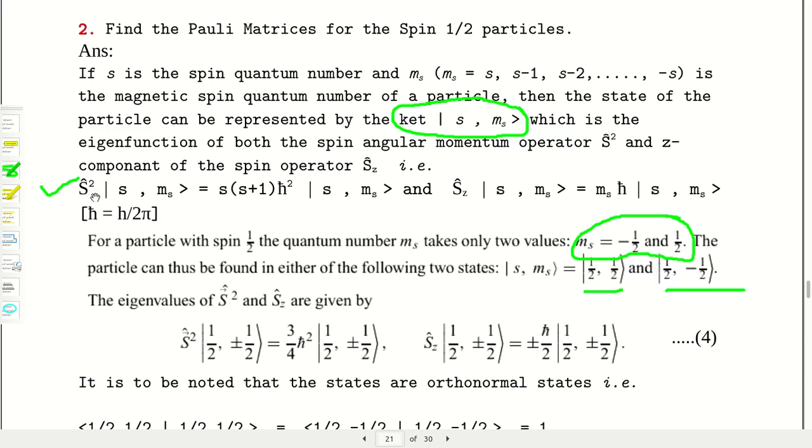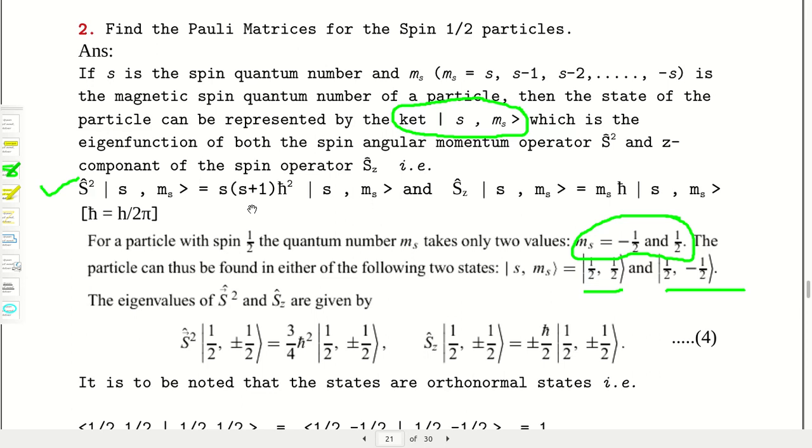Similarly, spins are also manifested like angular momentums. So s square is the total angular momentum, and sx, sy, sz are the components of the angular momentum. Each angular momentum is a dynamical variable, so it consists of some operator form, and if that operator operates on this ket, it will give you the eigenvalue given over here. Just assume this form.